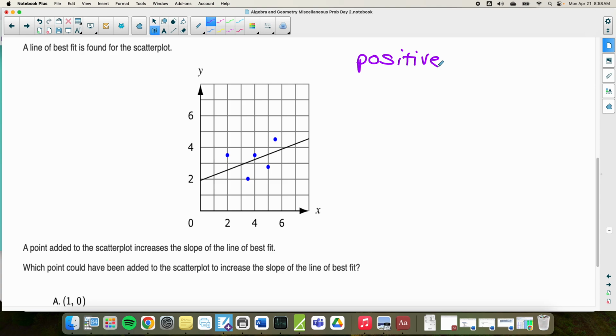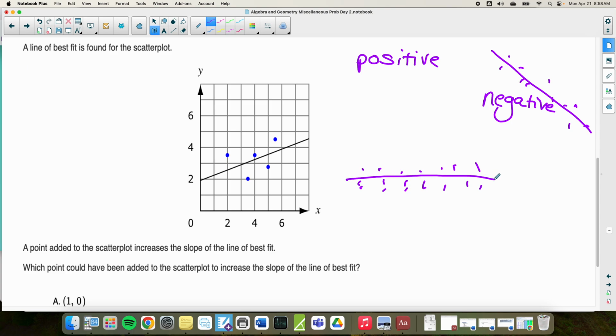So as your x goes up, your y goes up. If your points went like this and we're trending down, that would be negative. Okay? If your points go like this, gosh, I can't think of what that's called now.